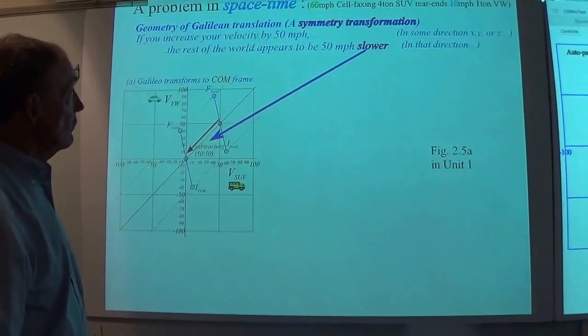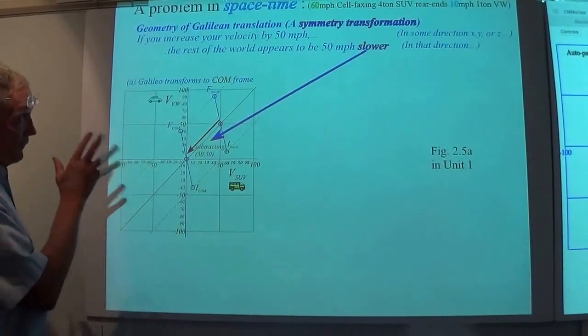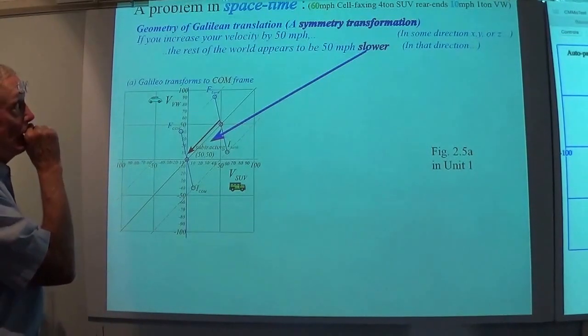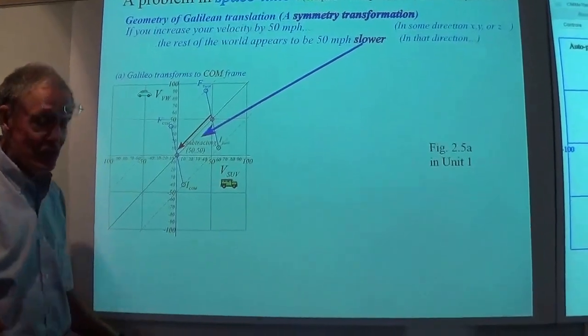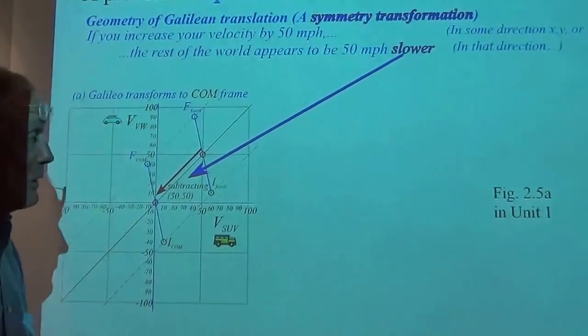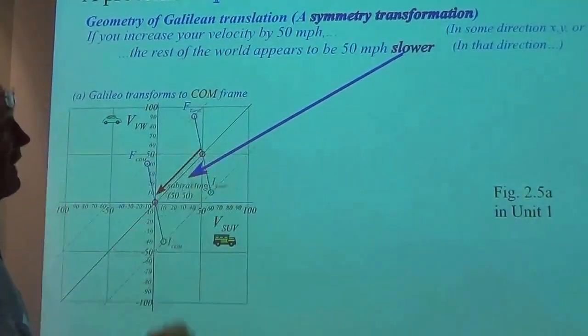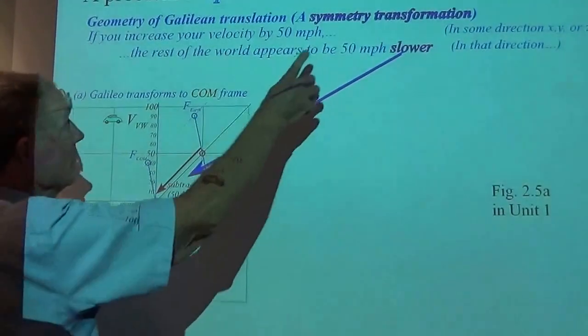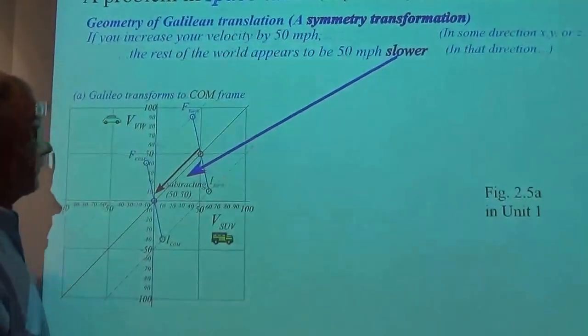What I would like to do is talk about this in terms of symmetry. Naturally, I do that because that's my field of quantum mechanics. It's also in classical. And the symmetry transformation we're talking about is Galileo's.